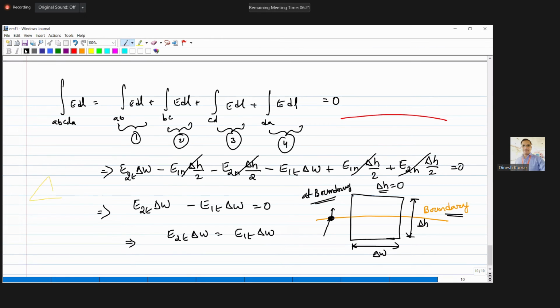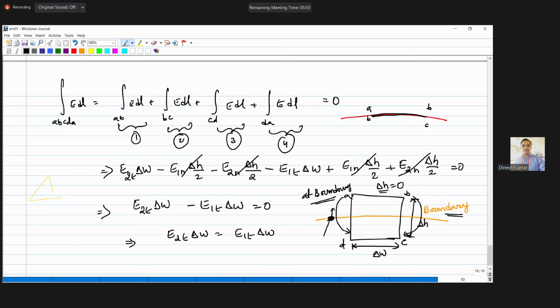Now I am looking only at the loop with respect to the boundary. Whatever the values of A, B, C and D, A will coincide with D and B will coincide with C. So I'm looking only at the boundary.